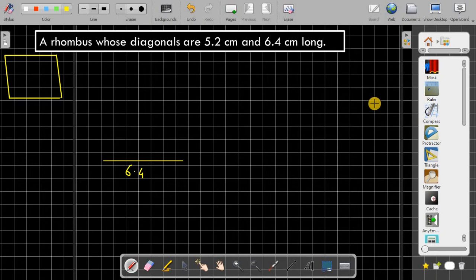Now the next step is you have to think about the next diagonal, which is 5.2 centimeter. For doing this you need the help of a compass. Once you take the compass, you have to decide its specific measurement. Suppose I want near about 4 point something. You can take either 4 centimeter or 5 centimeter, that is not the problem.